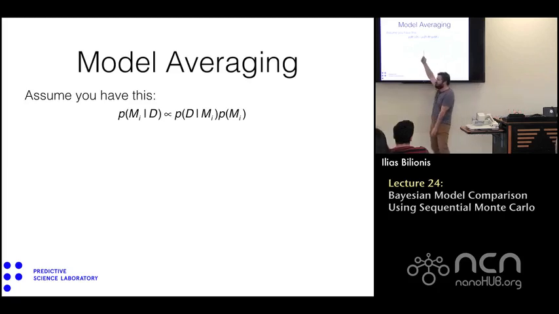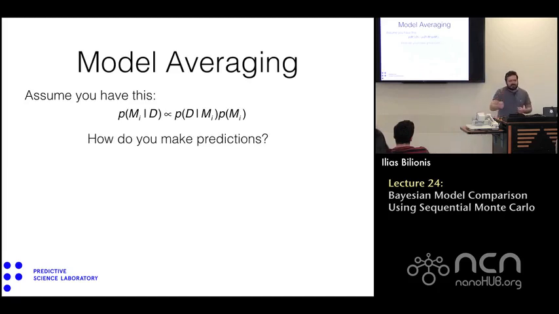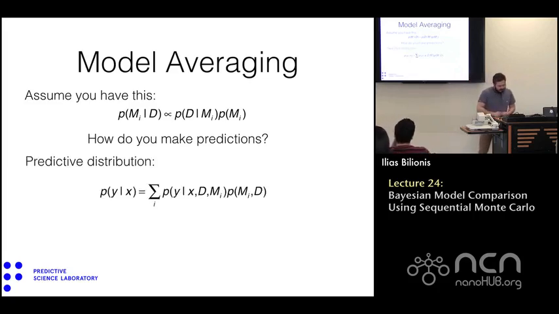You can have your posteriors over the models, make predictions using each one of the models, and average your predictions. Okay, so you can have a predictive distribution that averages over all the possible models, by appropriate weights corresponding to the probability that each model is correct.